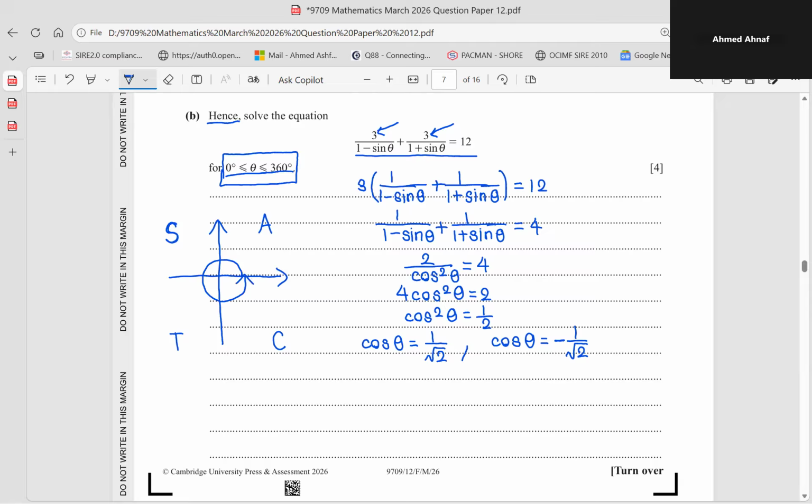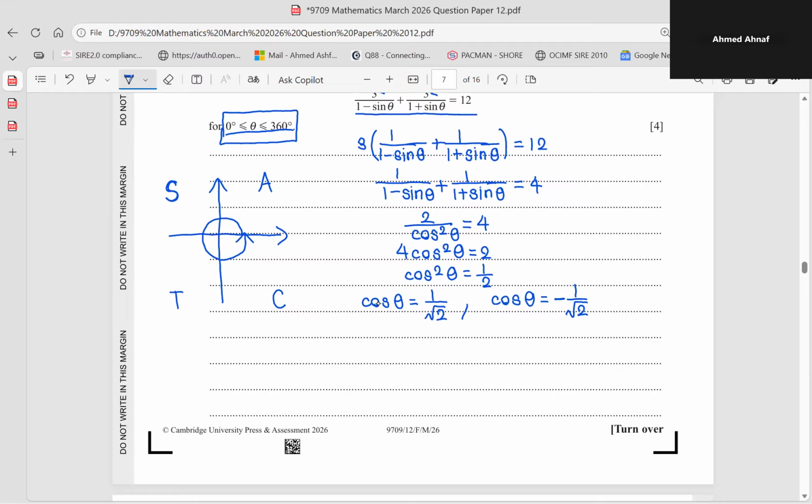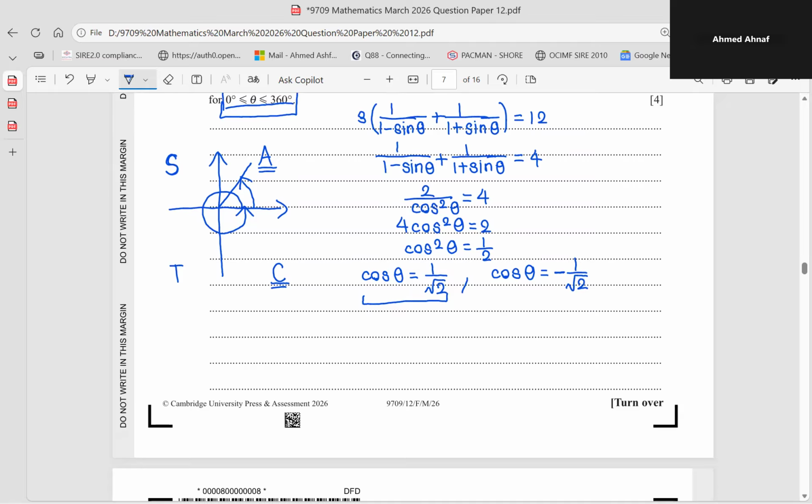Let's solve cosine theta equals 1 over square root 2. First, we can see that this one is positive, and for cosine, the first and fourth quadrants are positive. Let's find the angle in the first quadrant first. It is going to be an acute angle like this. To find any angle in the first quadrant, you just directly take the cosine inverse.